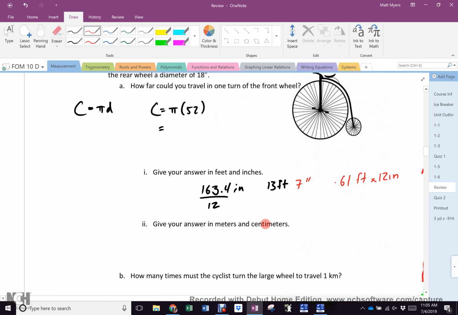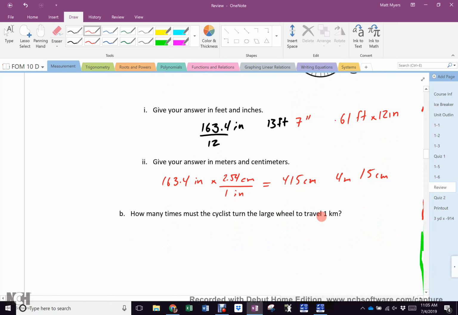In meters and centimeters, I take the 163.4 inches, and I want centimeters. So it's 2.54 over 1 inch. 163.4 times 2.54 is 415 centimeters, which is 4 meters, 15 centimeters.